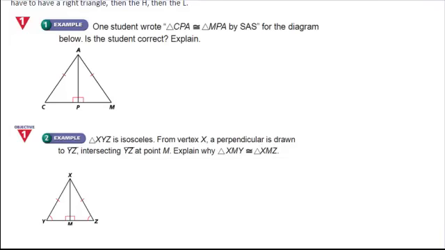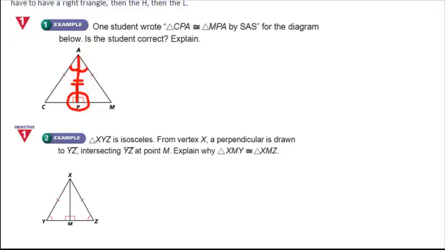And if you have perpendicular angles right here, then the converse of theorem 4.5 would tell you that this line has to be the angle bisector, which means this angle would have to equal this angle. And by reflexive property, this side has to equal this side.